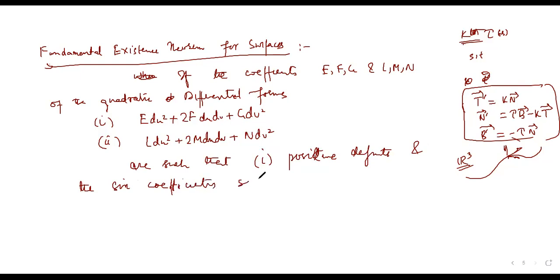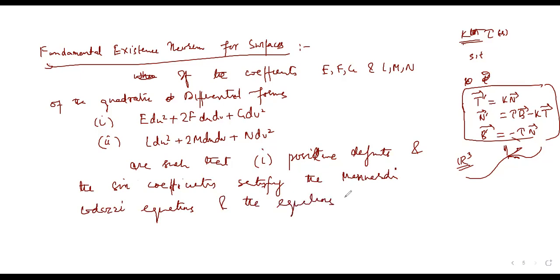Coefficients satisfy the Gauss equation, the Mainardi-Codazzi equations, and the equations of Gauss. अगर ऐसा है कि ये नंबर्स या ये फंक्शंस गाउस की जो इक्वेशंस है और मेनार्डी-कोडाजी इक्वेशंस को सेटिस्फाई करती हैं और ये जो क्वाड्रेटिक फॉर्म है ये पॉजिटिव डेफिनेट है, then there exists a surface uniquely determined.